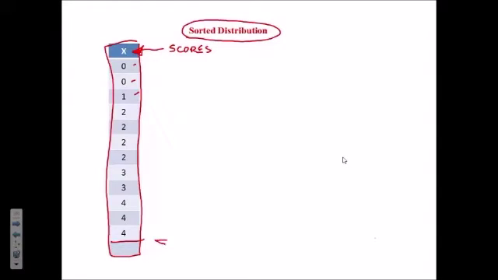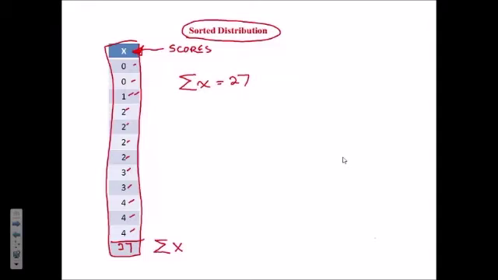We could take the sum, sigma, uppercase sigma is the symbol for sum, which means add the X's, sigma X. So if we add these scores, we would get 4, 8, 12. 12 and 8 more is 20, 22, 24, 26, 27. 27 would be the sum of the scores. So sigma X, the sum of the scores, is 27.